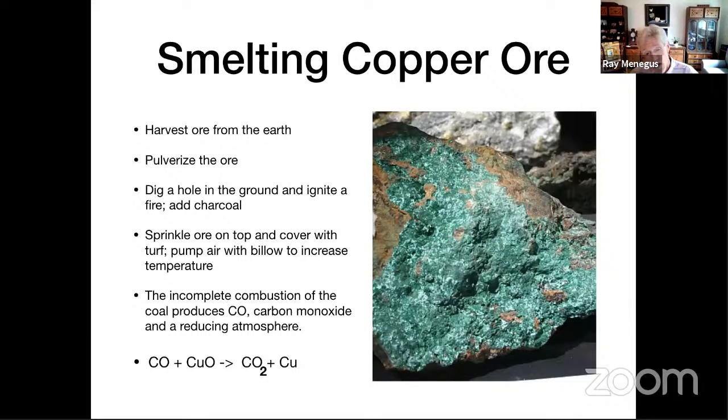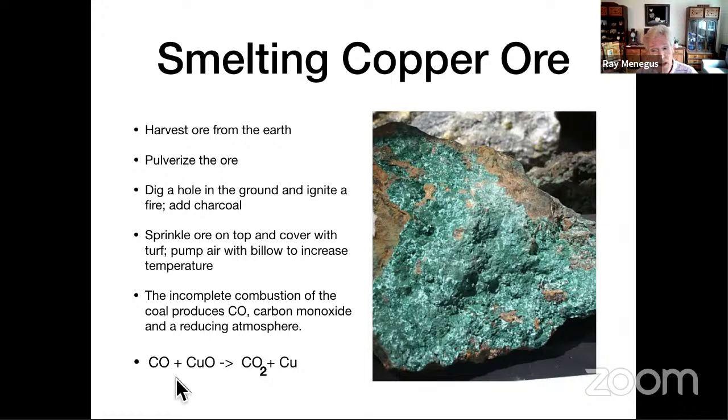You will hear about reducing atmospheres a lot when you get into ceramics. And so what's being reduced? The copper +2 is becoming copper neutral. So it's reducing the valence state, the oxidation state of the copper. So that's what a reducing atmosphere does.